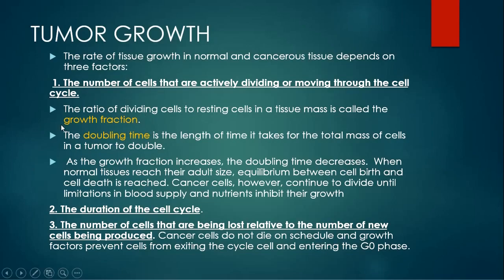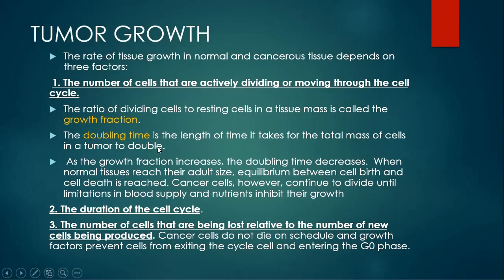What is the growth fraction? It is the ratio of the dividing cells to resting cells in a tissue mass. And what is the doubling time? It is the length of time which the cancer cells take for the total mass of cells in a tumor to double. Alright?